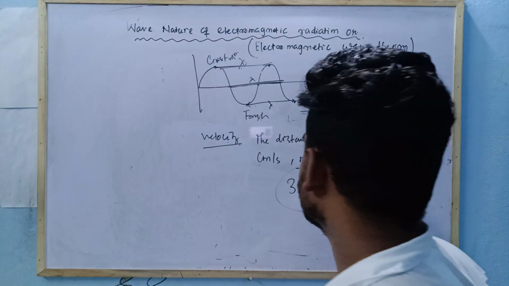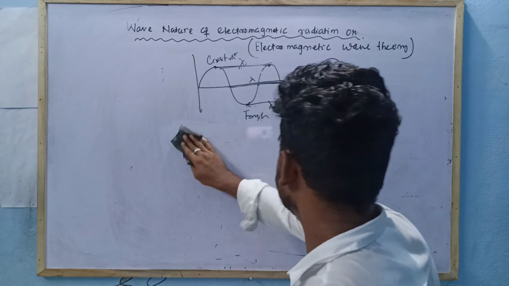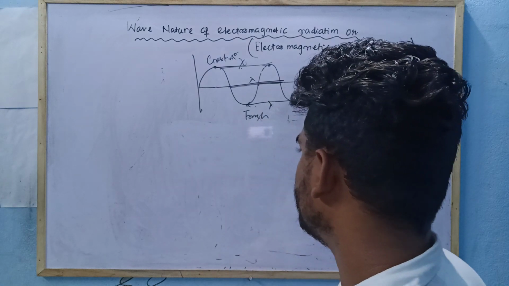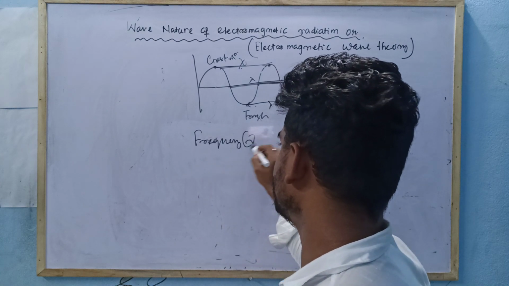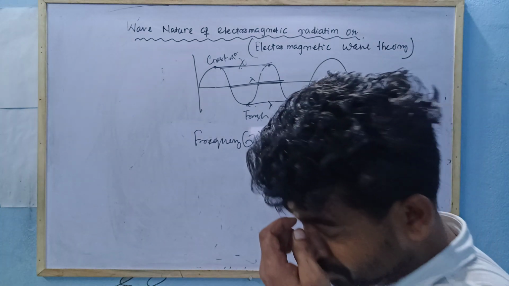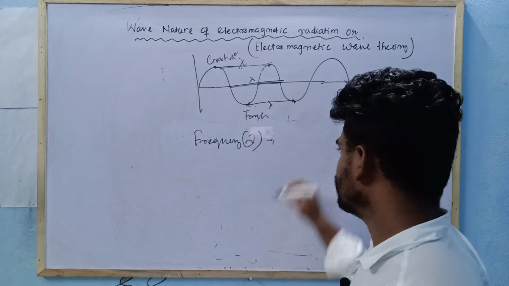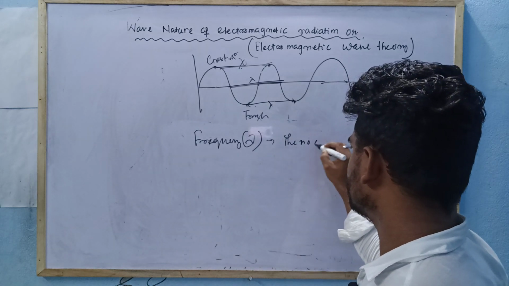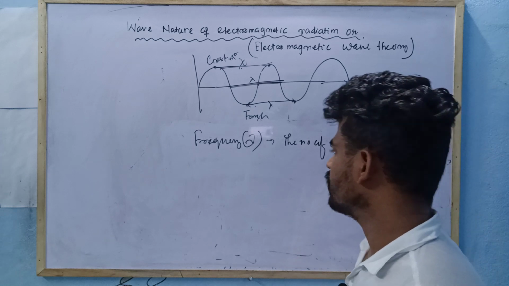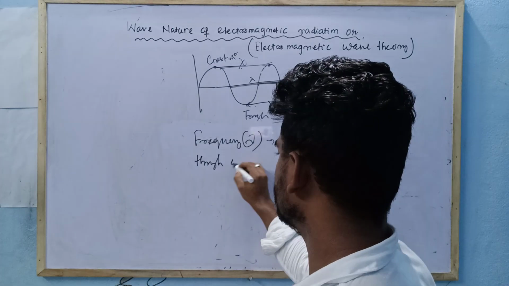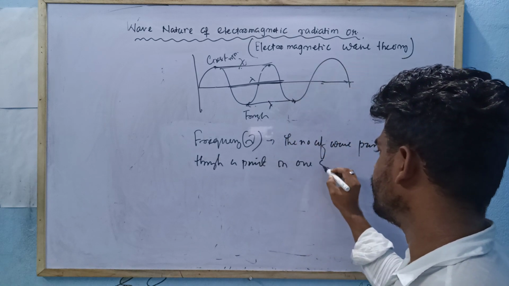Next, after velocity, you can compare frequency, that is represented as nu. Frequency means the number of waves passed through a point in 1 second.